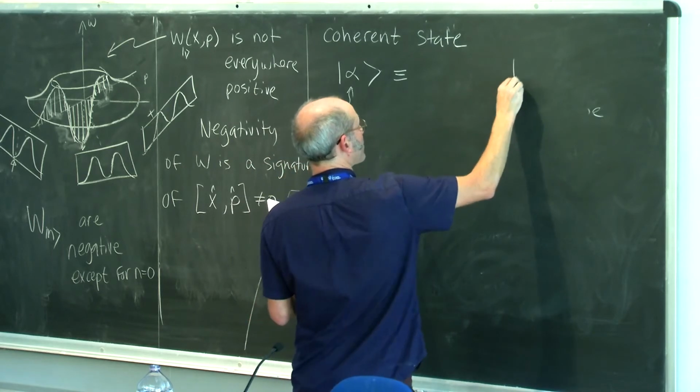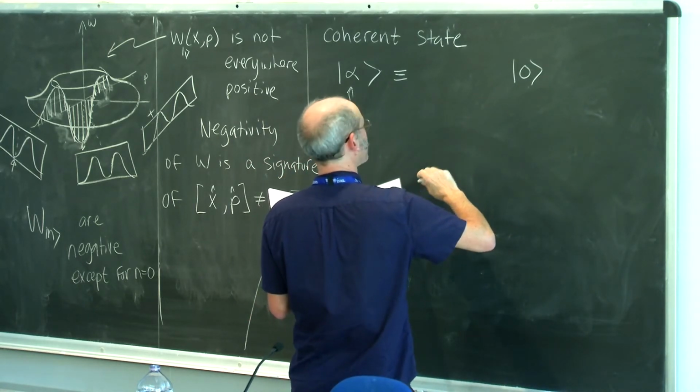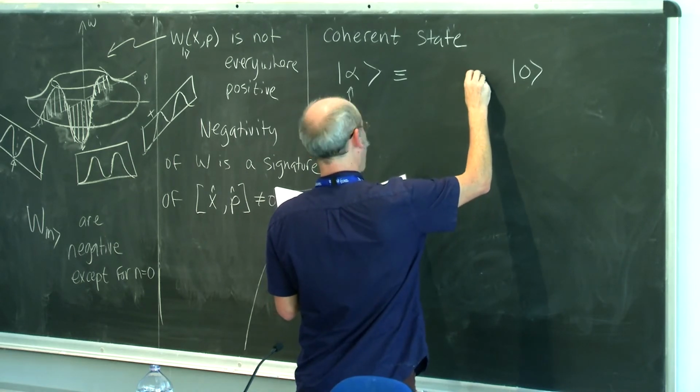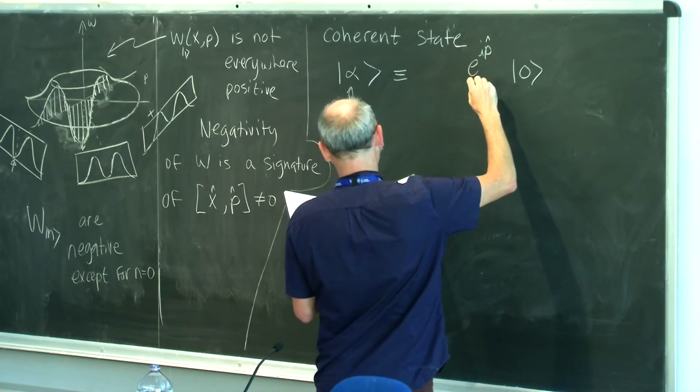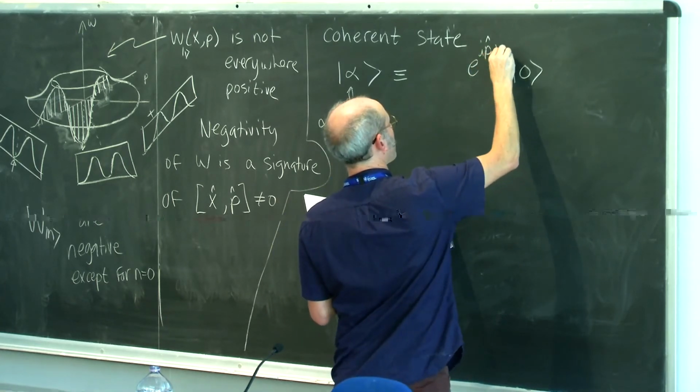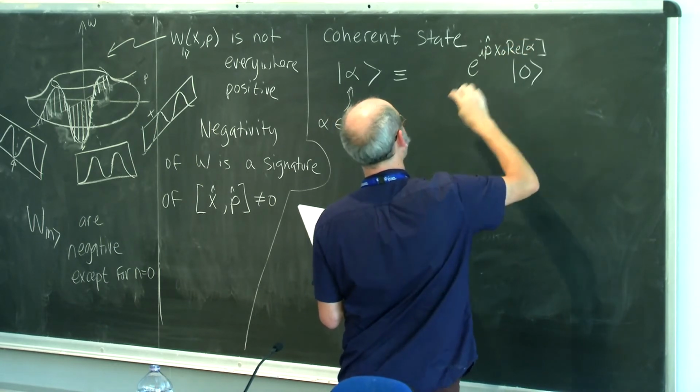It's defined by starting with the ground state and then shifting its position, which we do by acting on it with e to the i p hat times a number, which in this case is x naught times the real part of alpha.